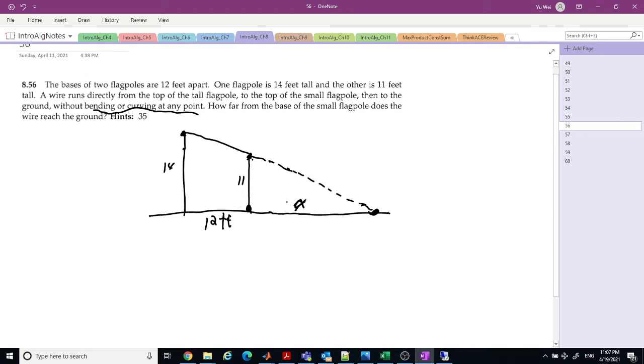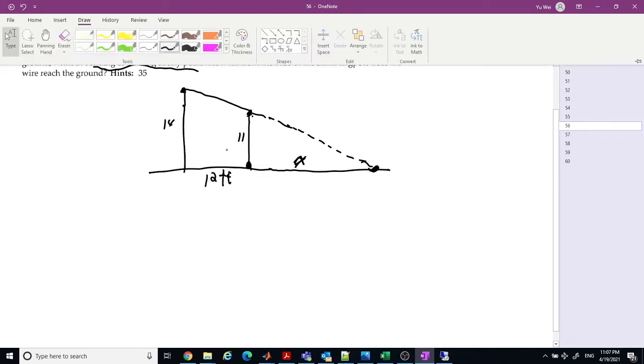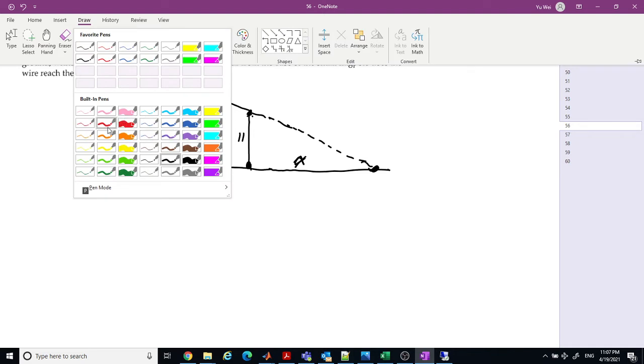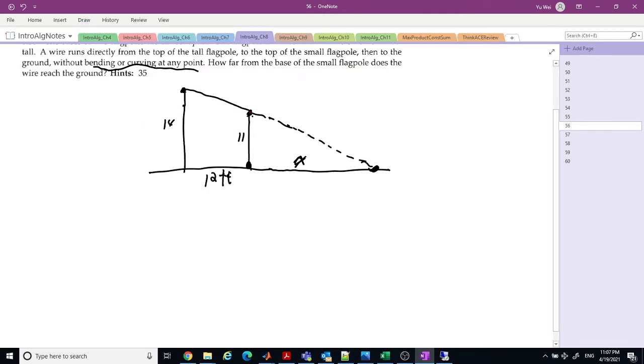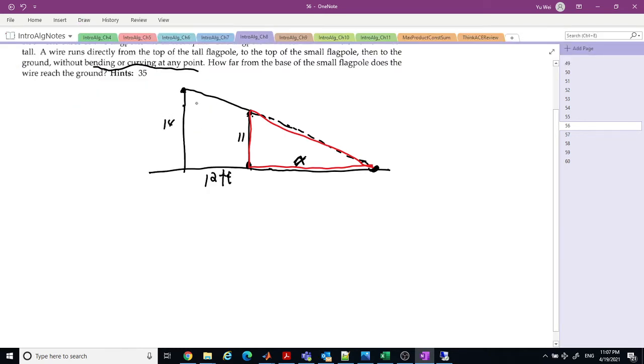If you really learn similar triangles, basically the triangle of this one is similar to the triangle of this one.